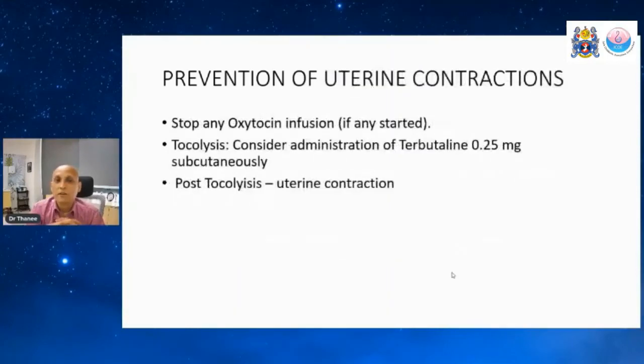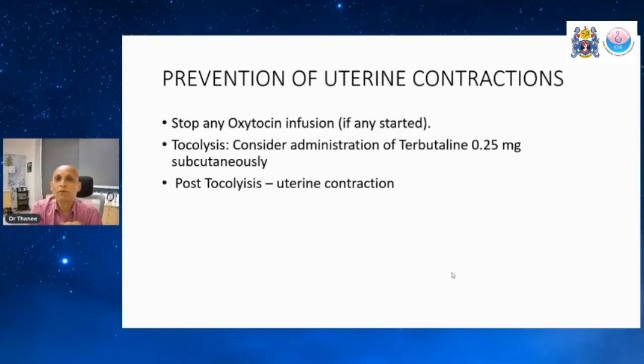Next, what are the preventive measures you have taken for prevention of the uterine contractions? First, most often we forget to switch off the oxytocin if you have started. So don't forget to switch off the oxytocin. Next, you can use tocolysis, like abolition of the uterine contraction, sustained uterine contractions or intermittent uterine contraction, by giving subcutaneous Bricanyl or terbutaline.